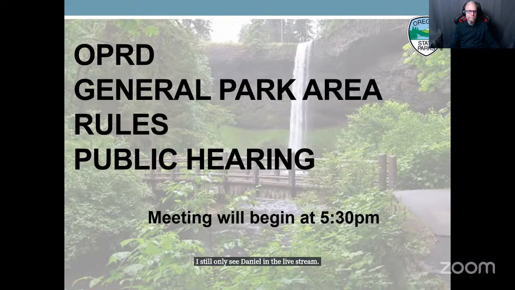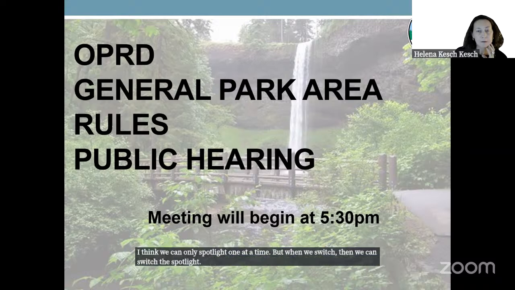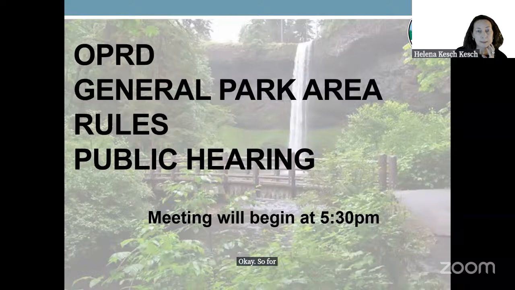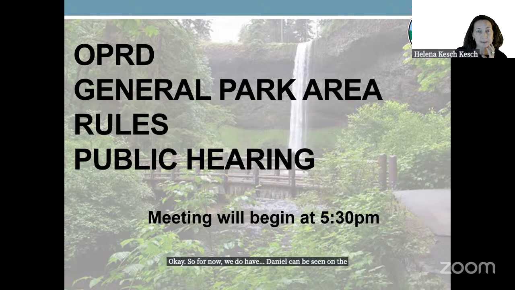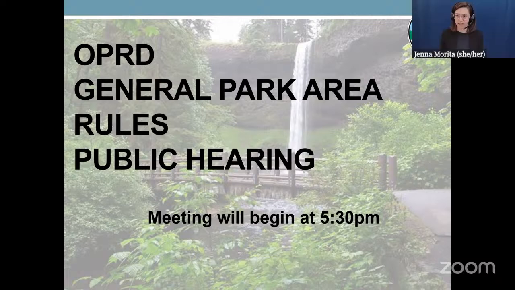I think we can only spotlight one at a time, but when we switch, then we can switch the spotlight. Okay. So for now, Daniel can be seen on the live stream, correct? Yeah, I could see both of them, both him and I switching, but it seems only one person at a time.